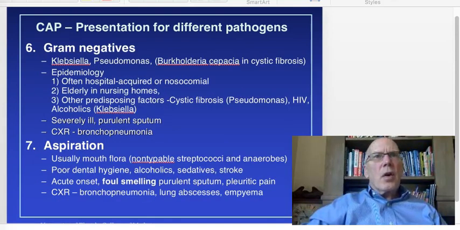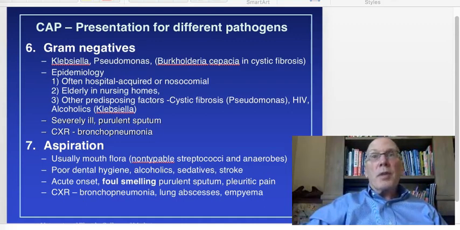The sixth leading cause of community-acquired pneumonia is gram-negative rods: Klebsiella, Pseudomonas, and Burkholderia cepacia in patients with cystic fibrosis. The epidemiology is often hospital-acquired or nosocomial, also found in the elderly living in nursing homes.